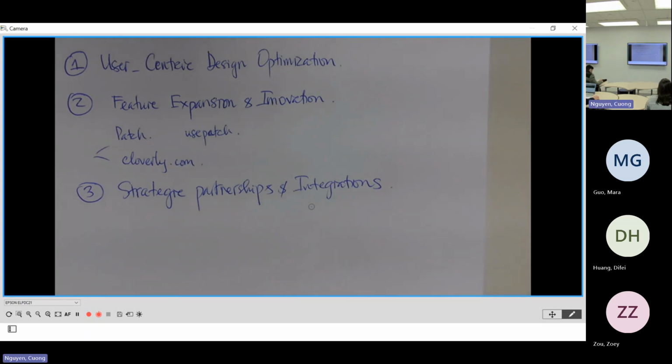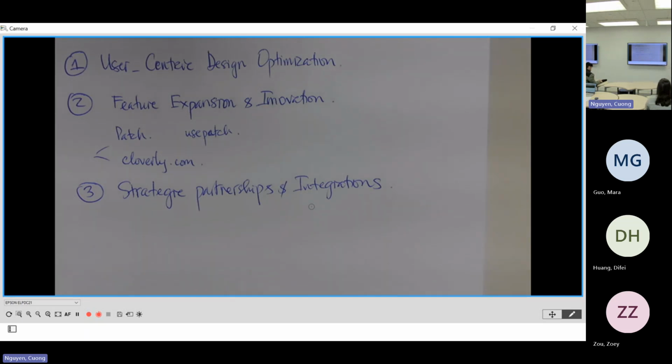Now, when they have a strategic partnership with e-commerce, what does it mean for this product? They will get the data. They can leverage the customer base, customer information, advertising, and so on with the e-commerce platform, so that the fintech product can be more popular and get more users.